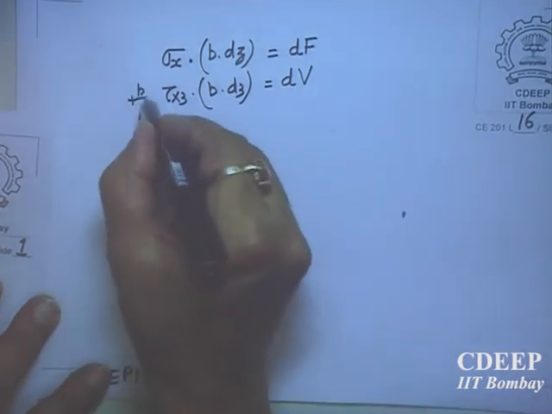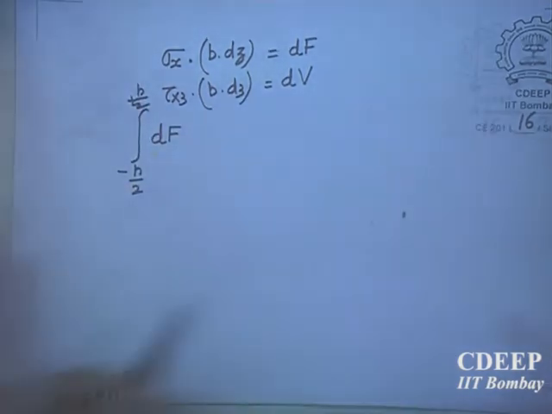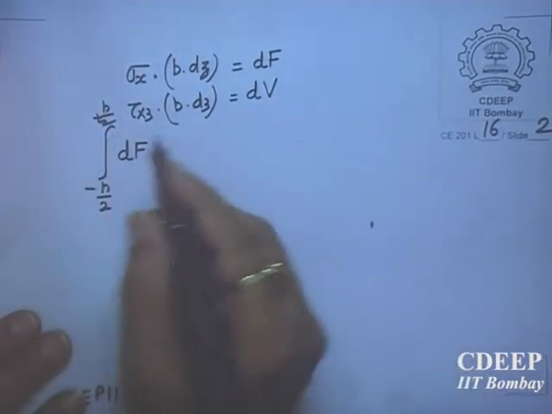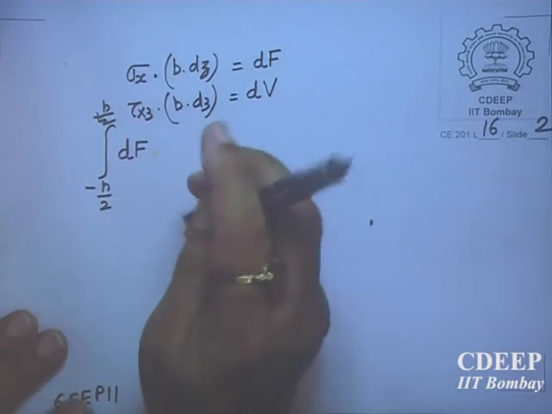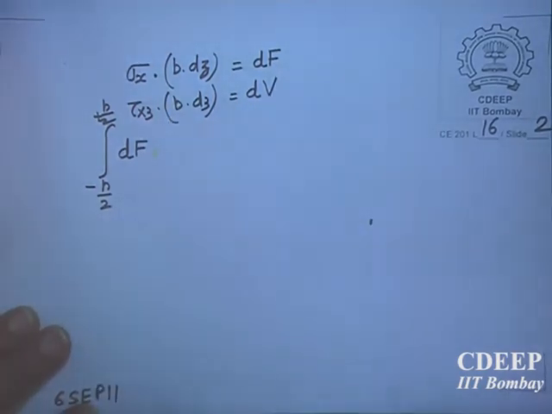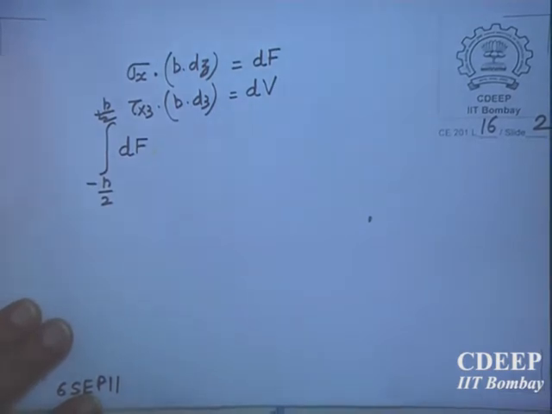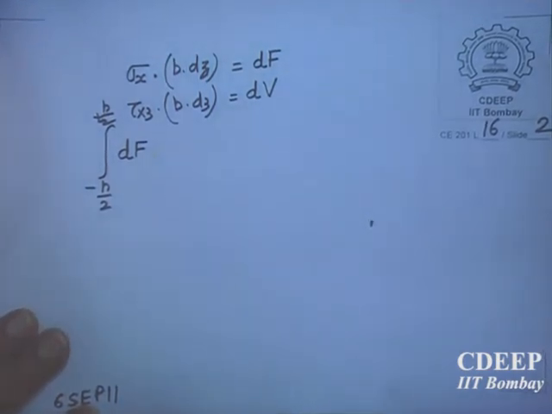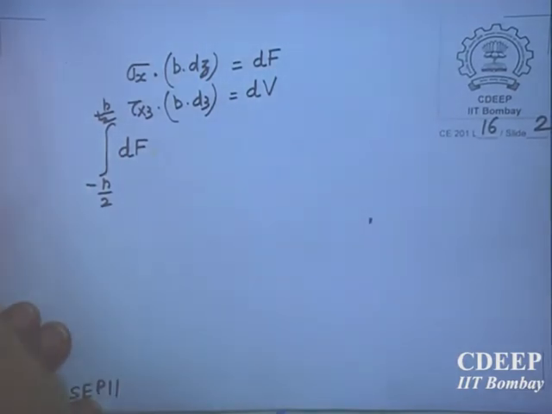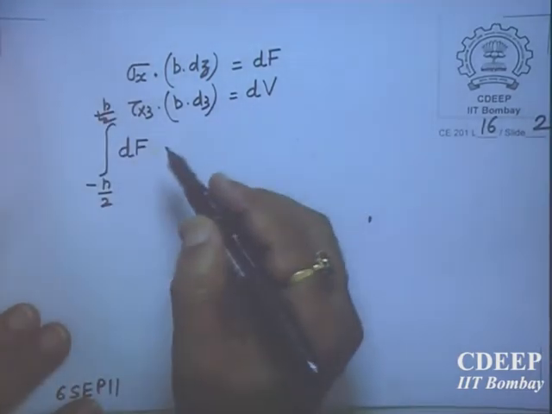What is the meaning of this? dF is a small normal force. If I integrate from bottom to top, the whole area will be covered. What will that be equal to?